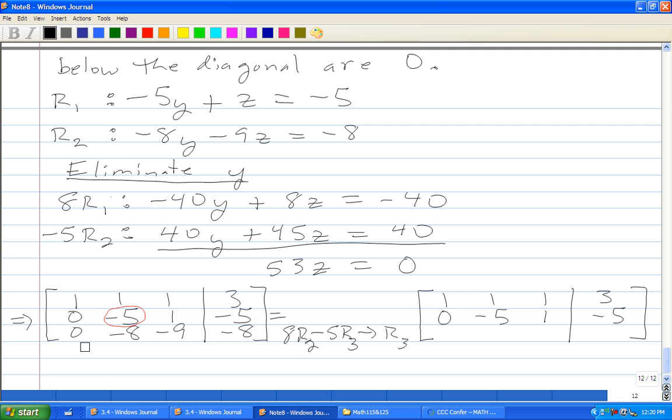And so 0 plus 0 is 0. Negative 40 plus 40 is 0. 8 plus 45 is 53. Negative 40 plus 40 is 0.